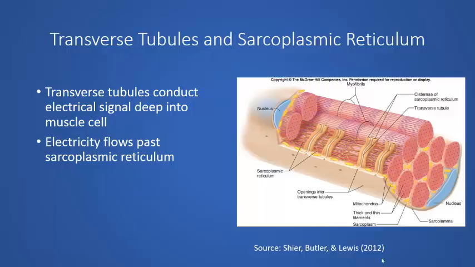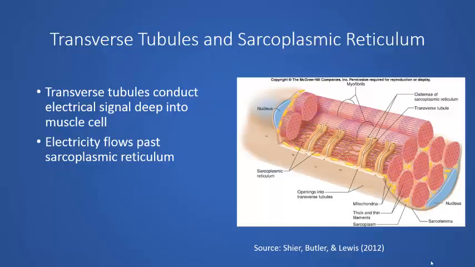You might recall from when we talked about cell structure that one of the organelles inside a cell is called endoplasmic reticulum. The similarity in the name endoplasmic reticulum and sarcoplasmic reticulum is not a coincidence. Sarcoplasmic reticulum is a form of endoplasmic reticulum, and if you remember, endoplasmic reticulum had a function which was to store certain chemicals inside the cell.